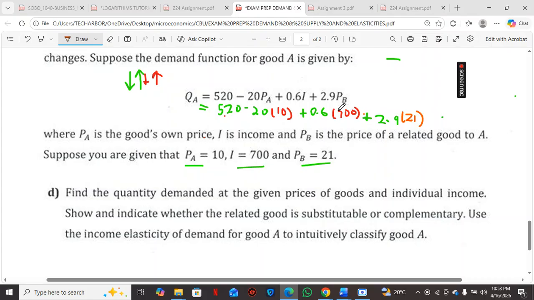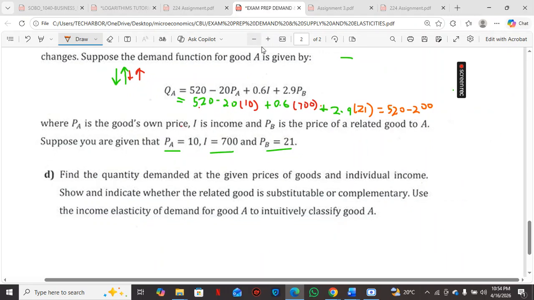Okay, so let us solve. It equals 520 minus 20 times 10, 200, plus 0.6 times 700, 420, plus 2.9 times 21, 60.9.